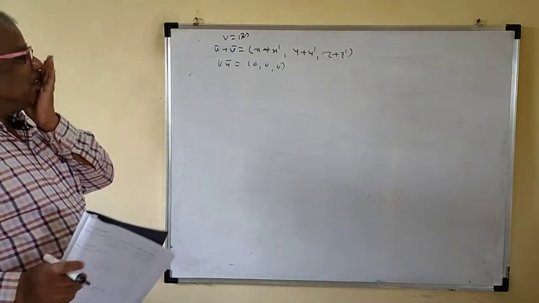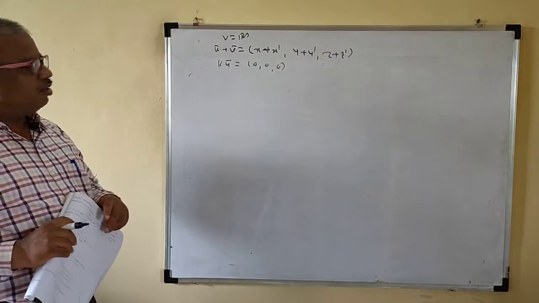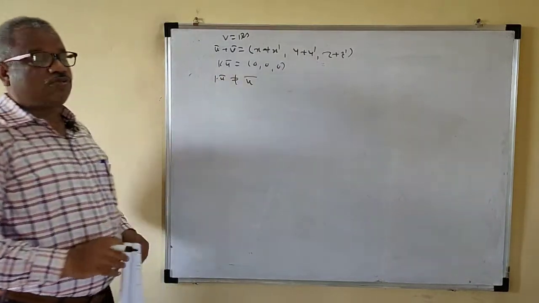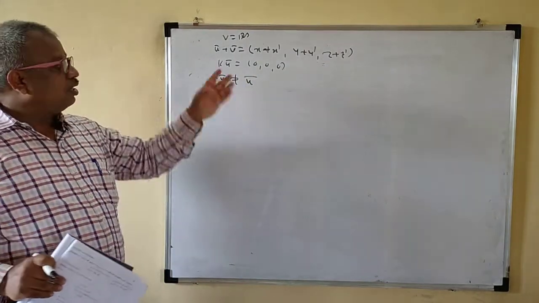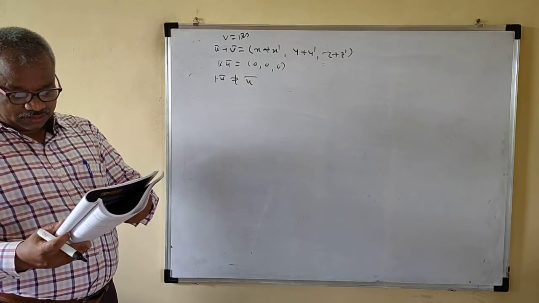Here you see that all the axioms hold, except that 1 times ū is not the same as ū. This does not hold, because 1 times ū is 0, 0, 0. So under this operation, V is not a vector space.